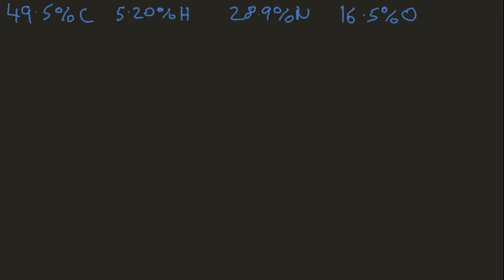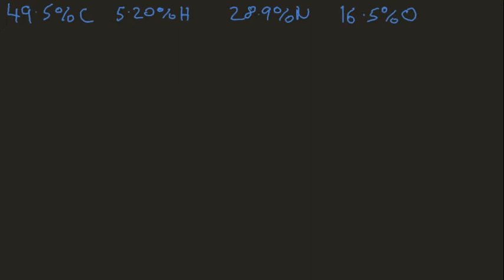we're going to assume that we have 100 grams of caffeine. And because we have 100 grams of caffeine, we can convert the percentages of each element into the amount of mass. We can just assume that the mass of each element is exactly the same as the percentage.